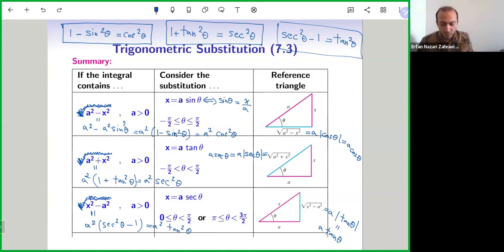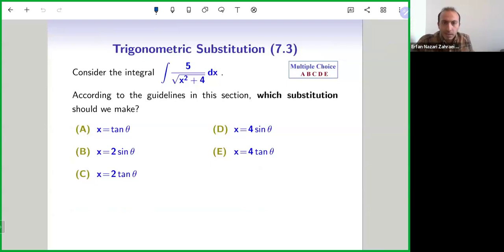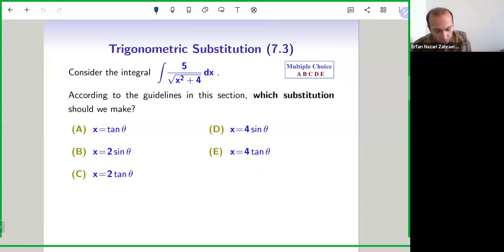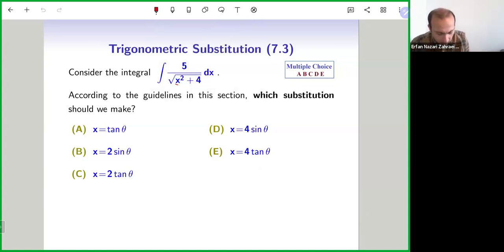Now we can go over the exercises. So the first one is this. I want to see what substitution I should do. Look at what terms I have. I have something squared, which is x squared, plus a number.